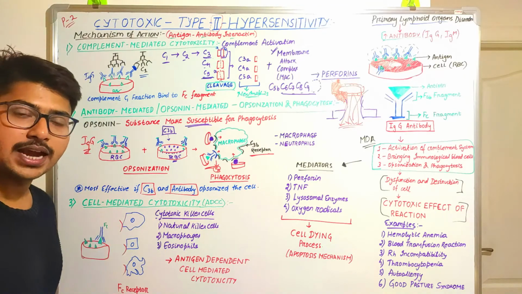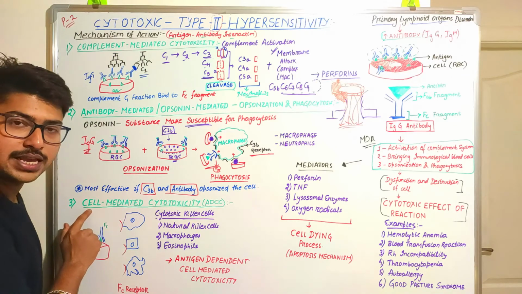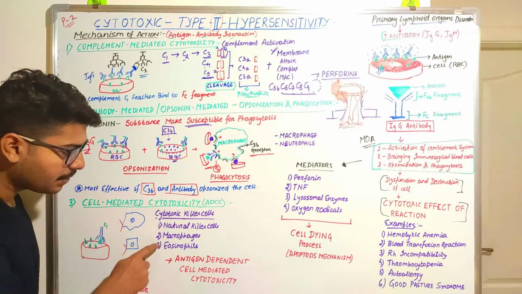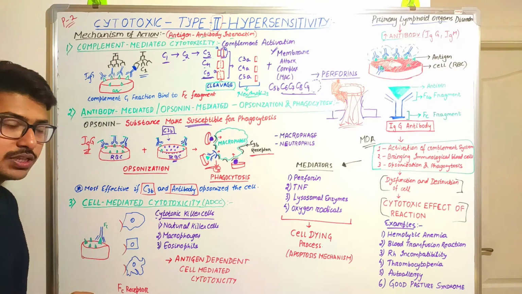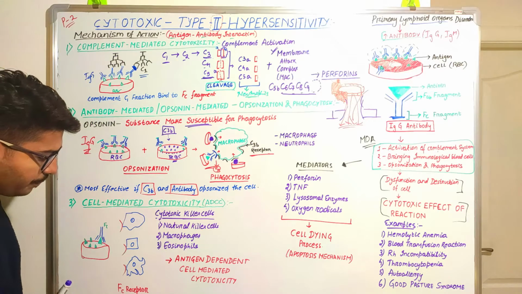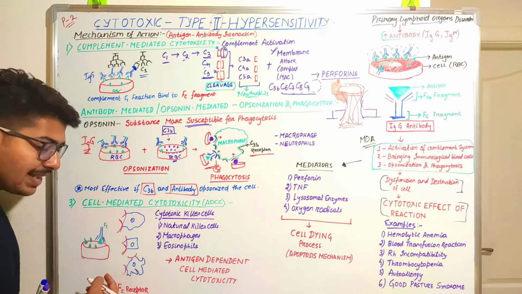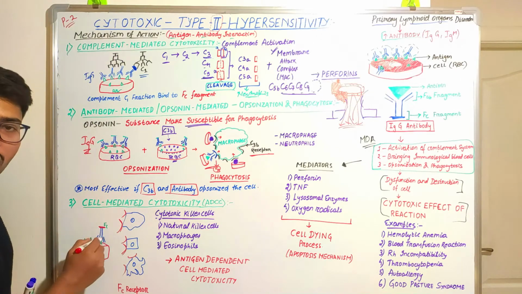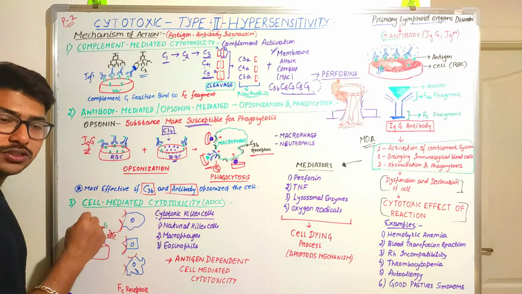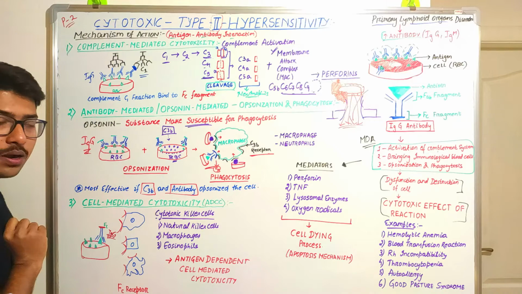Next comes cell mediated cytotoxicity. As the word says, different kinds of cytotoxic cells will mediate the process of cytolysis. And what are these cells? The cells can be natural killer cells, macrophages, eosinophils, and these cells have special Fc receptors on their cell membrane, due to which they can recognize the Fc component of the antibody IgG. That is the reason why they will attach or bind with the antigen antibody complex through this Fc component.